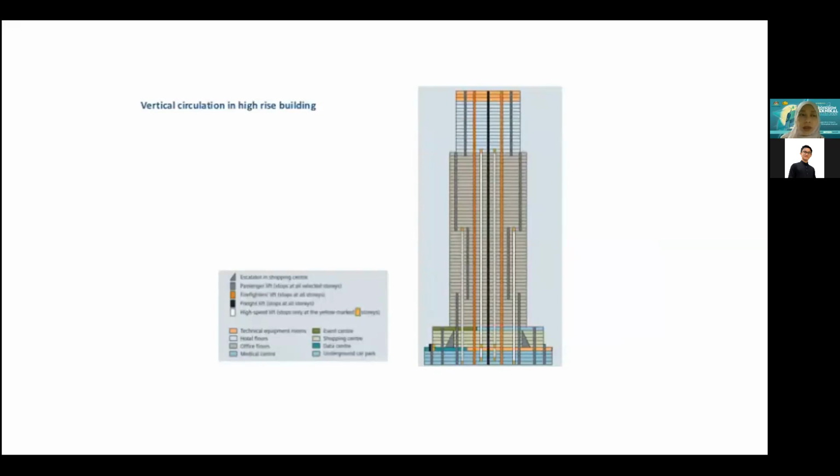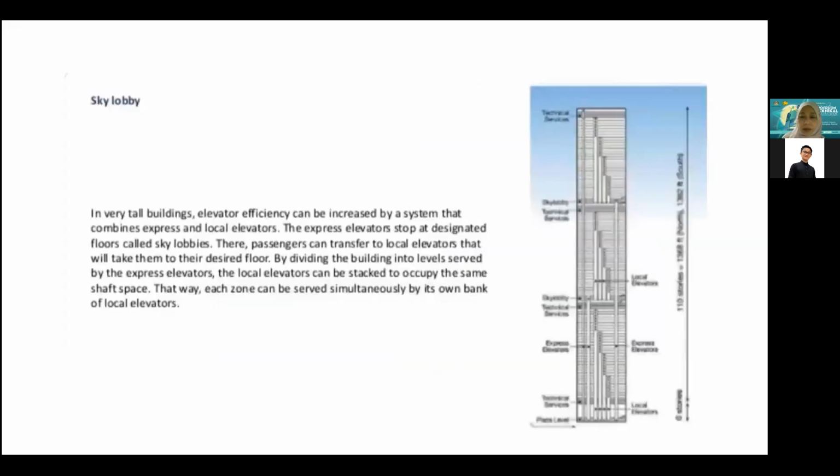That is why they give you different height lift lobbies and usage of lifts. So the term sky lobby is also introduced, because this is based on the story.